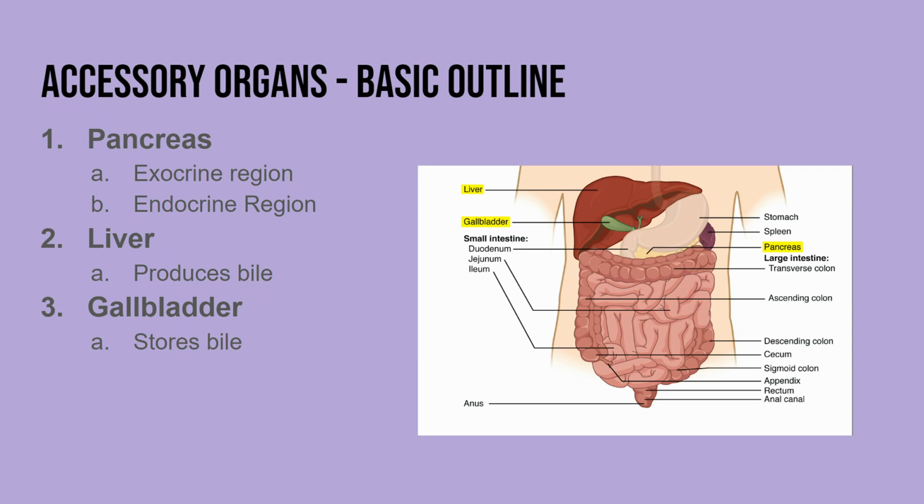Taking a side step into the accessory organs, the three accessory organs are the pancreas, liver, and gallbladder. The liver, main thing to know is that it produces bile. Gallbladder stores bile.